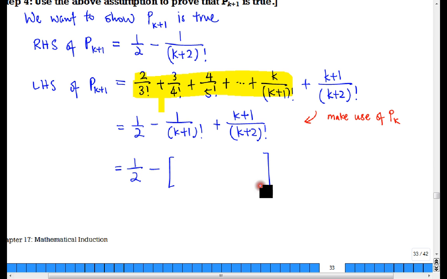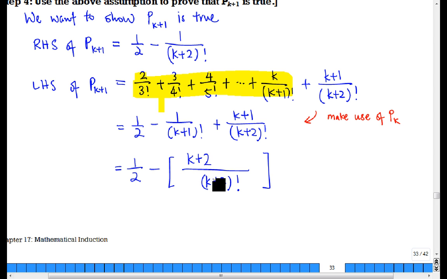Okay, minus, I put it like that, can? And then I have a common denominator, k plus 2 factorial. How do I make this denominator to be k plus 2 factorial? I multiply top and bottom by k plus 2.